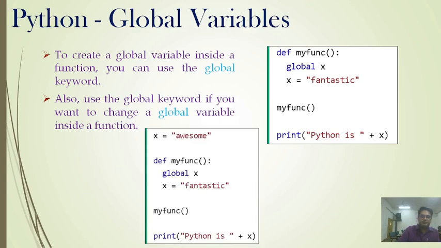Again, use the global keyword if you want to change a global variable inside a function. So again, if you want to change it, then we simply use global x equals fantastic. Now Python outside the function will print Python is fantastic.